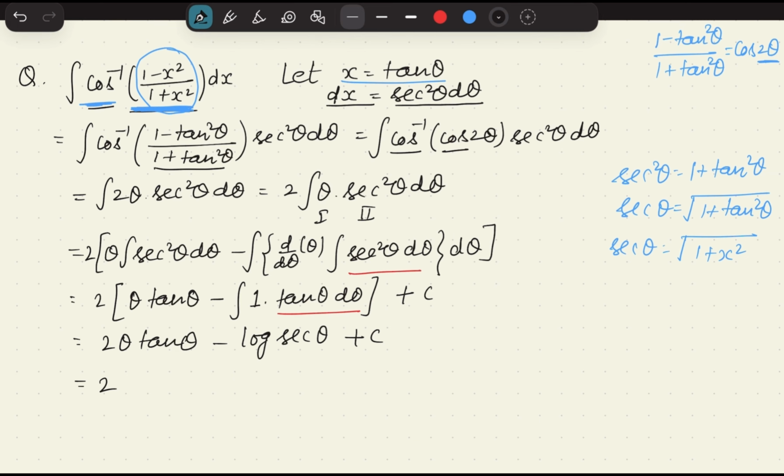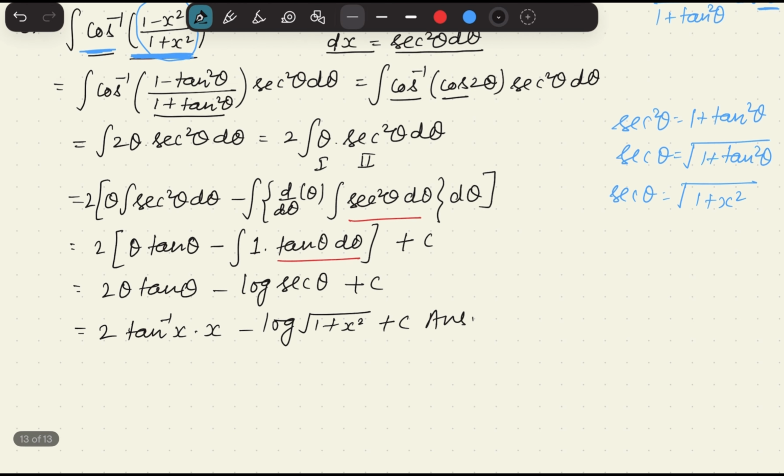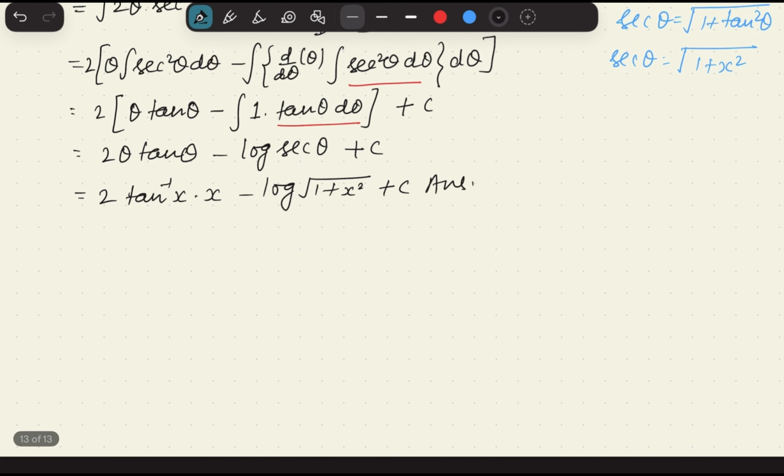Now if x is equal to tan theta, so theta is equal to tan inverse x. So we get 2 times: tan inverse x into tan theta, which is simply x, minus log of under root 1 plus x square, plus c. This is the answer.